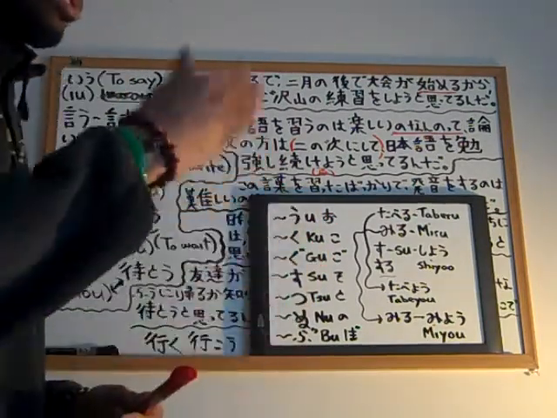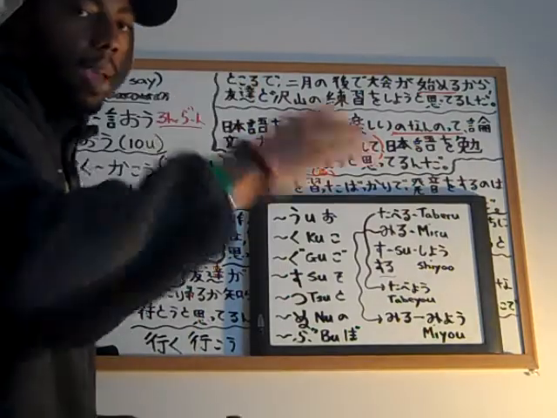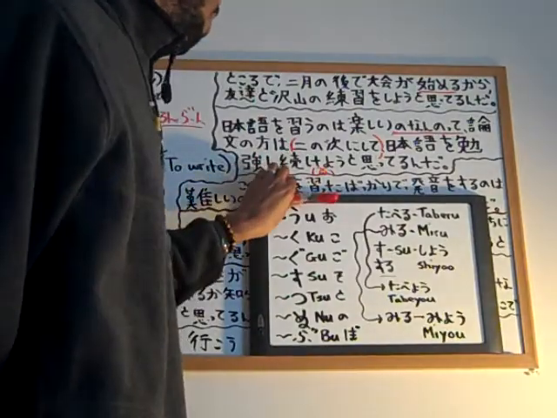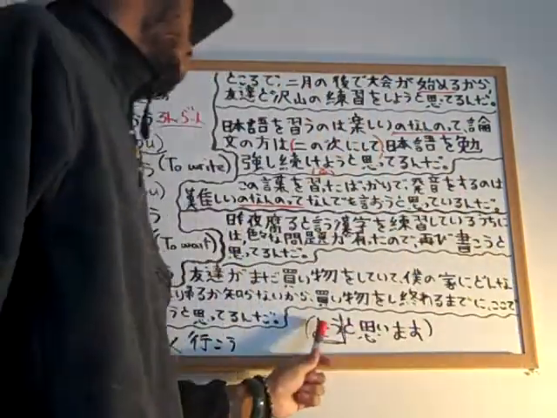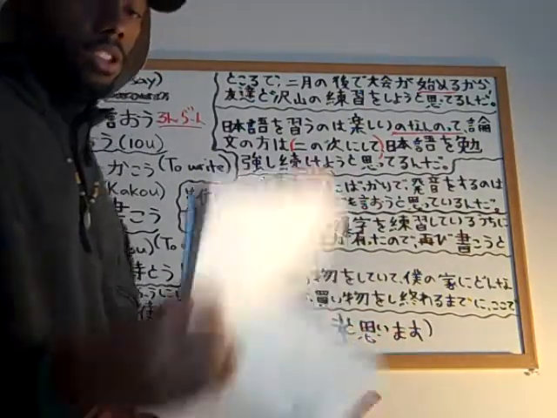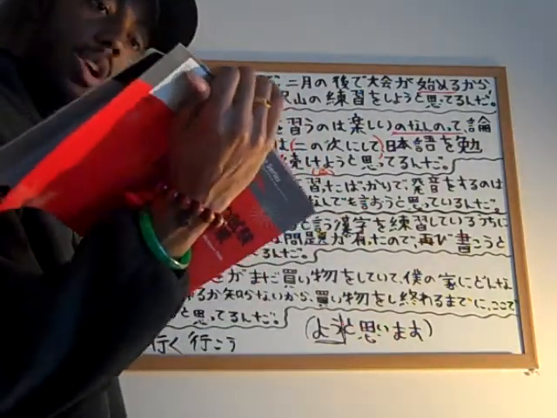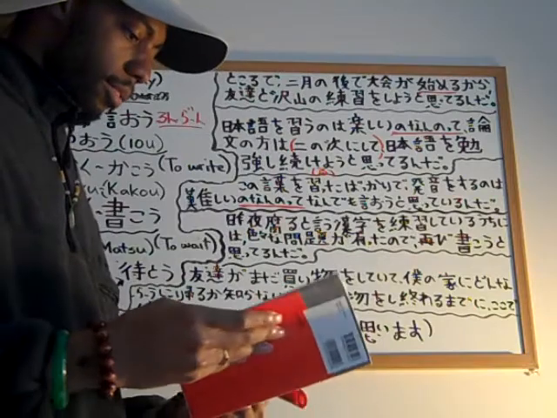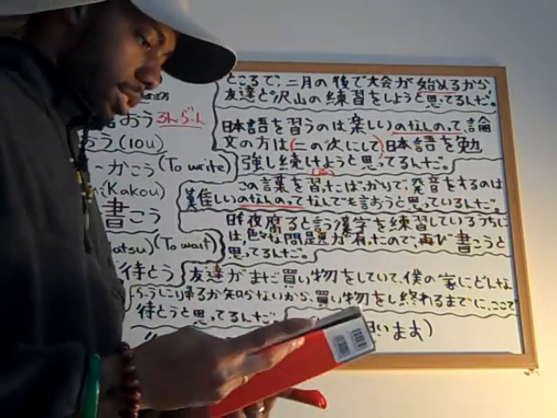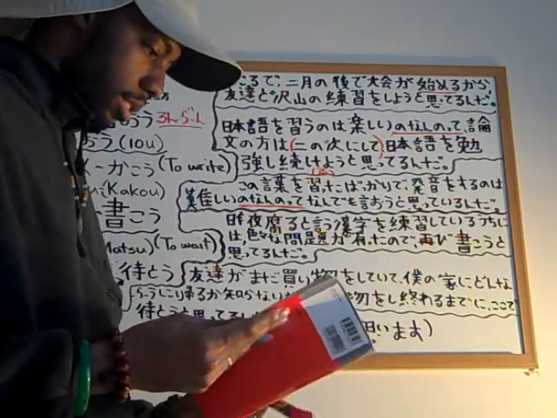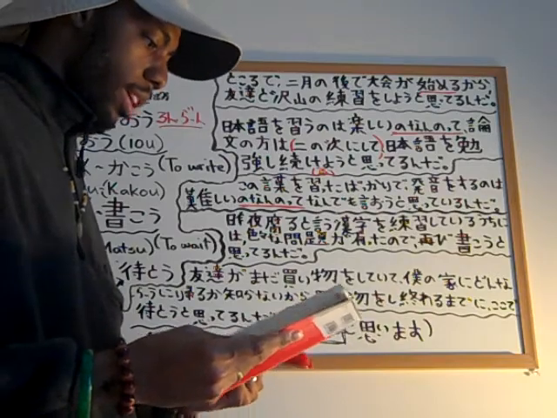In that book here, before they started getting into the explanations, they had yō to omoimasu, and they called it volitional form, I believe. Yeah, volitional form.